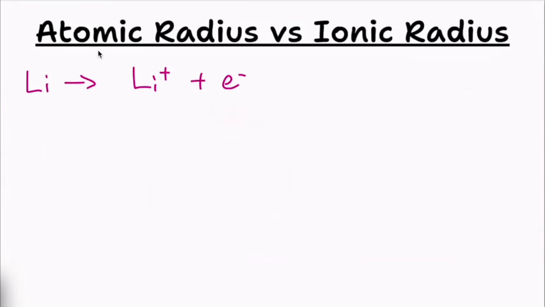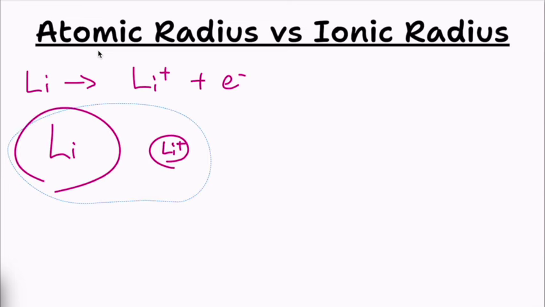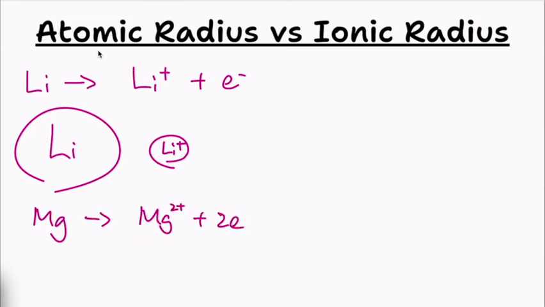So it lost one whole shell, and its size will decrease a lot. It's the same for all the other alkali metals and alkaline earth metals. For magnesium, when it loses 2 electrons, it also loses one shell, so its size will decrease by a huge amount.